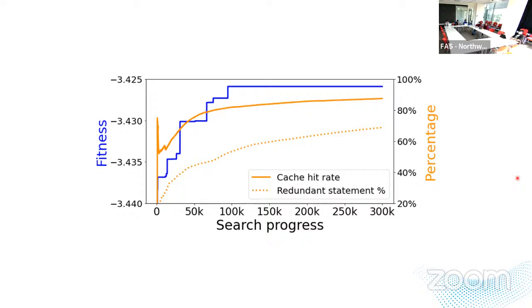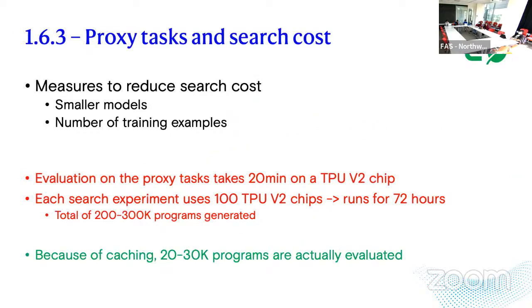They mentioned that when we come up with a new child, if we have already encountered that child before, it will be a waste of resources to run it again. So overall, even though 200K to 300K programs are generated, because of caching, we will actually evaluate roughly 20 to 30K models.